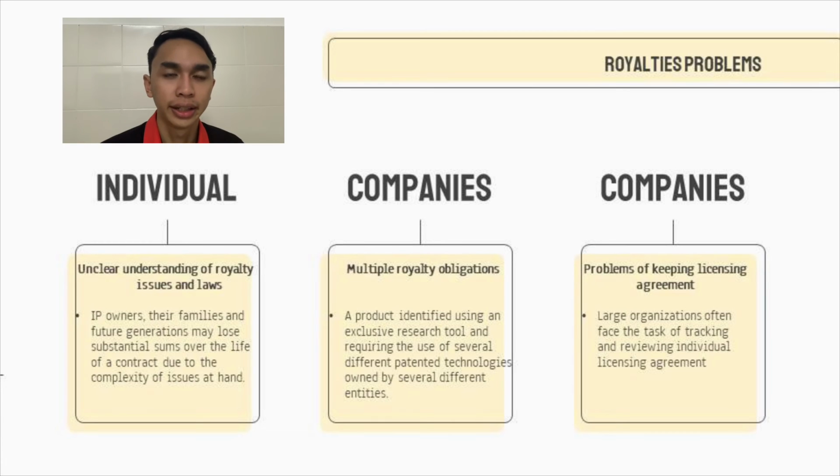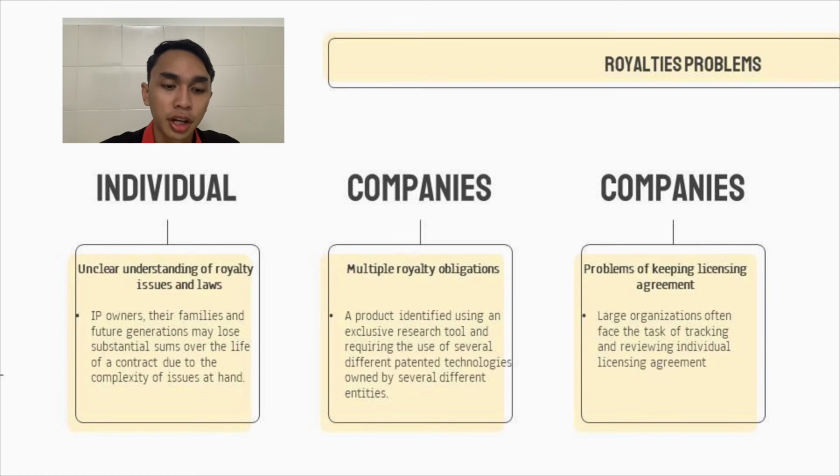So for the next slide, we will go to the royalty problems. As you can see in the slide, there are some problems that occur for individuals and companies. Individuals might have an unclear understanding of royalty issues and laws.